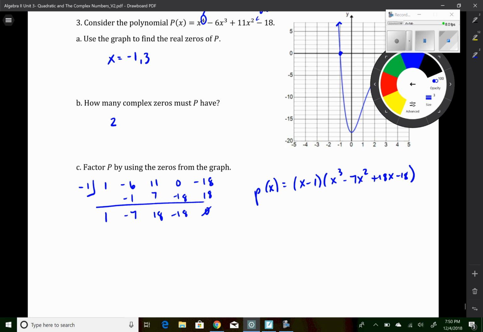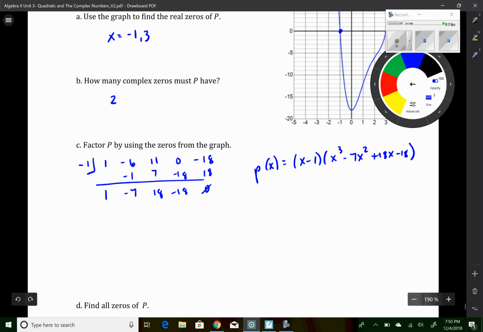Now, I have another 0. That 0 of 3 is still part of the factors here. So if I divide that out by 3, so if I put a 3 here in my synthetic division and go 1, negative 7, 18, and negative 18, no missing terms this time. The 1 comes down, I have 3, negative 4, negative 12, 6, 18, and 0.